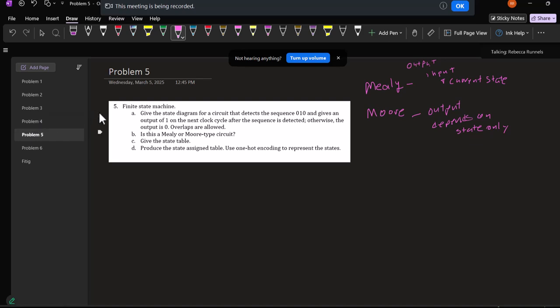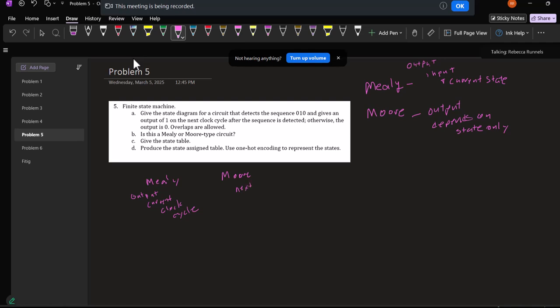Okay. All right. So there are a couple things that you can look at that give you some hints for Mealy and Moore. When you're doing a sequence detector like we have here, with Mealy, you can get the output on the current clock cycle. And so if the problem says on the current clock cycle, it's going to be Mealy.